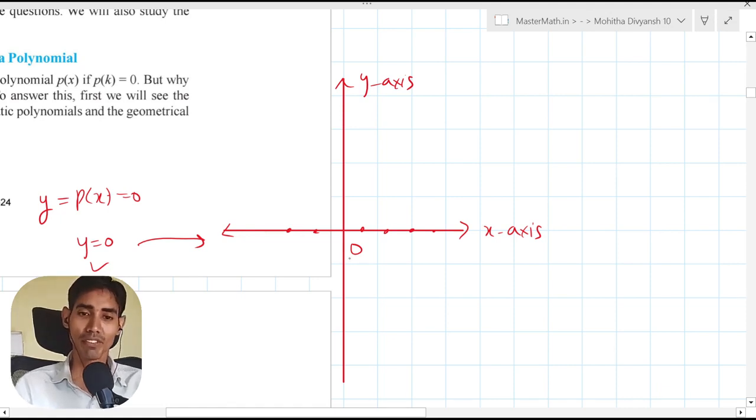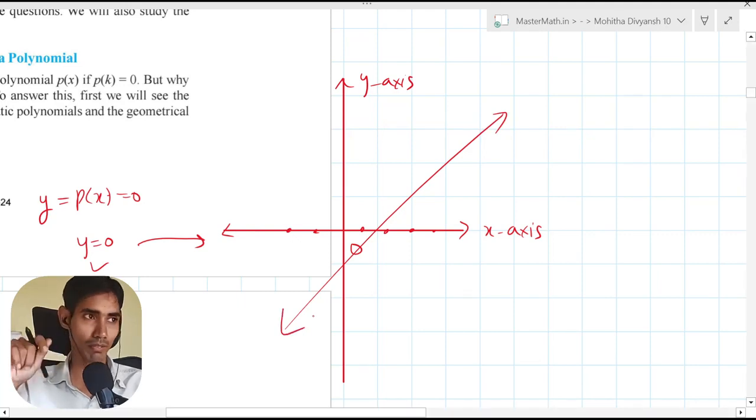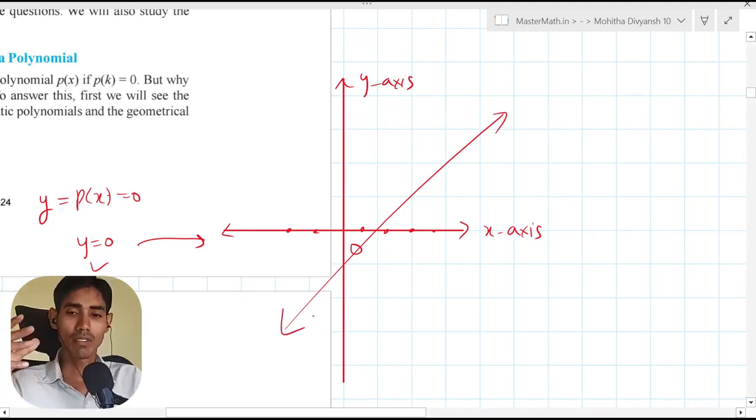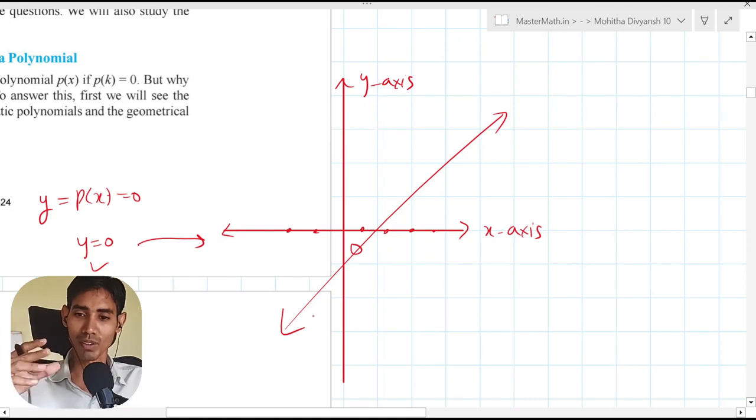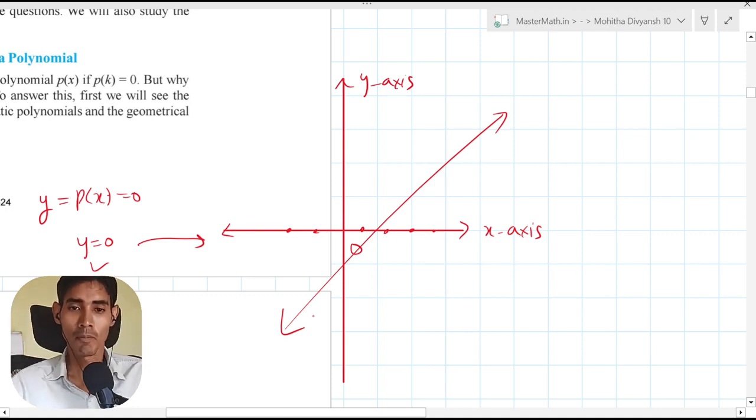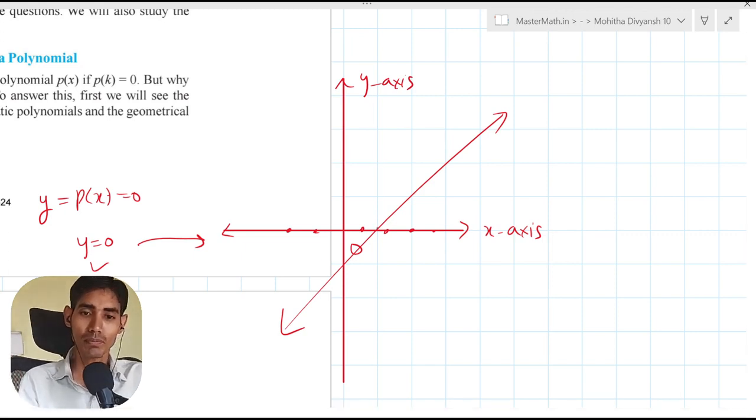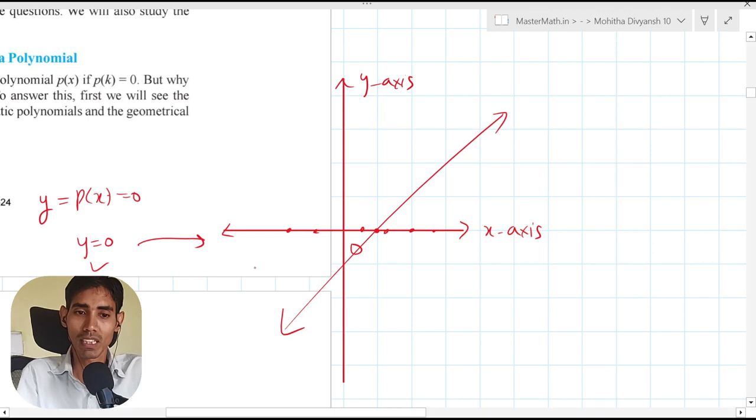So that means if I plot a line or any other graph, I mean any curve. In general we call it a curve for the line also. Even lines are also called curves. So what would be the zero of this polynomial? Basically wherever y is 0, p(x) is 0, that is the zero of the polynomial.